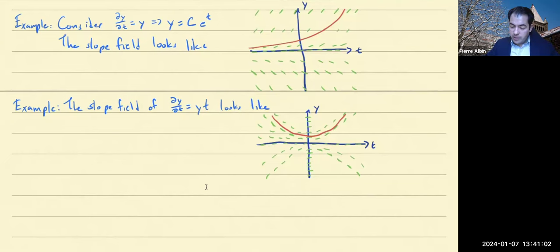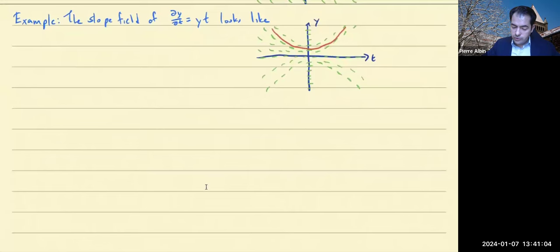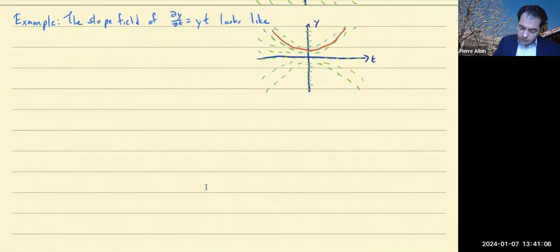This is a simple enough equation that we can go ahead and work out what the solution is, right? So again, this equation is separable. So we can write it in differential form notation.